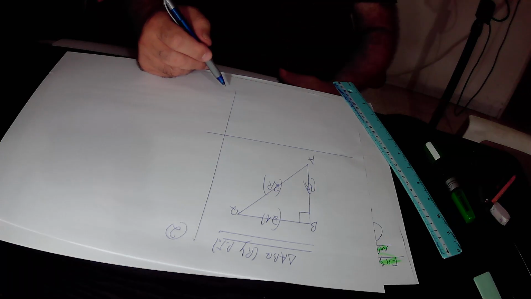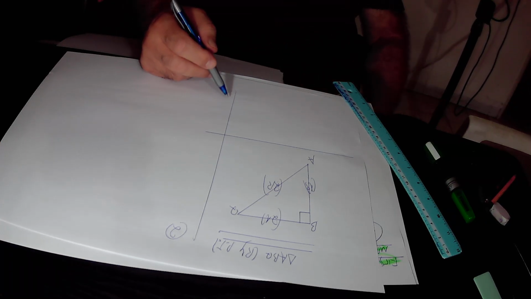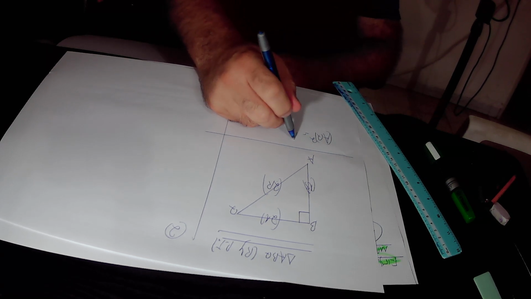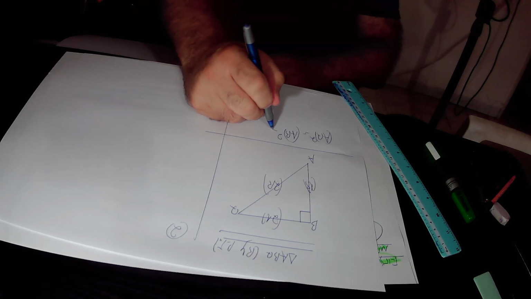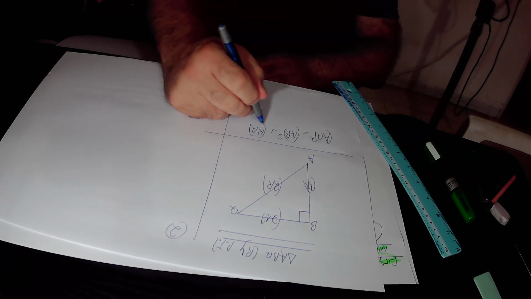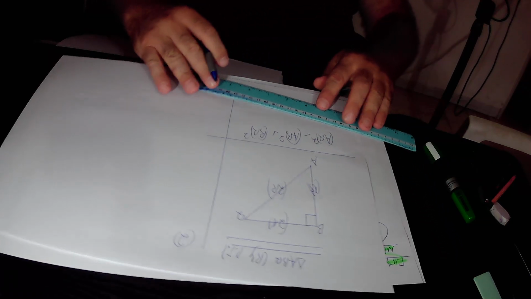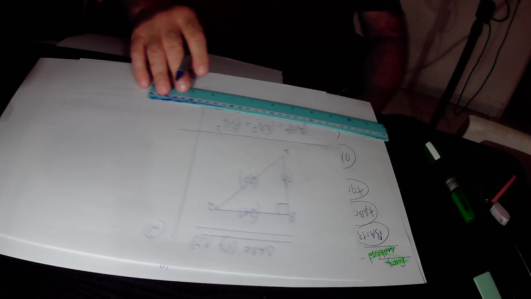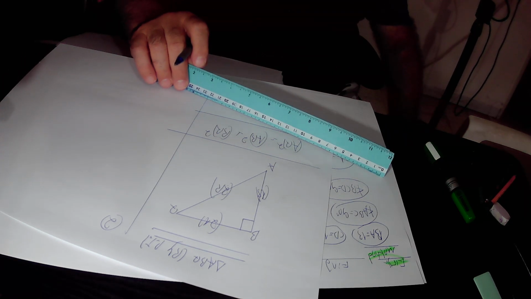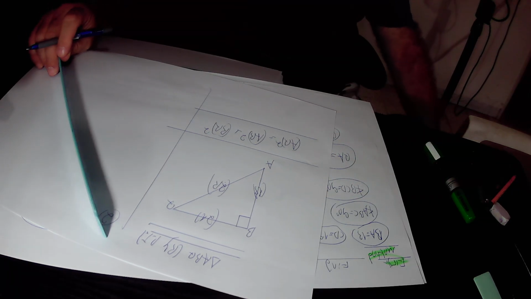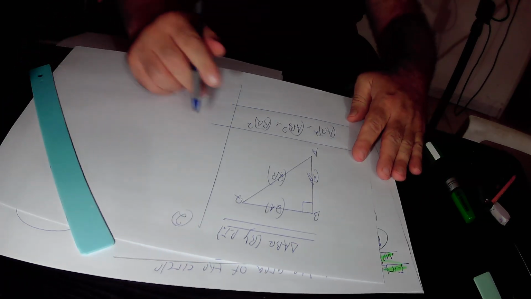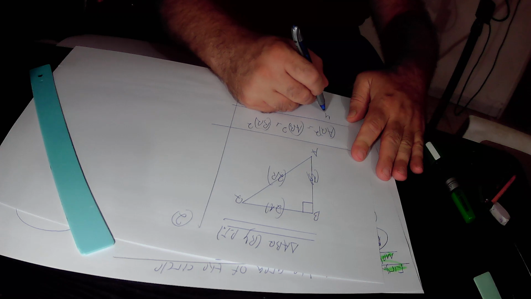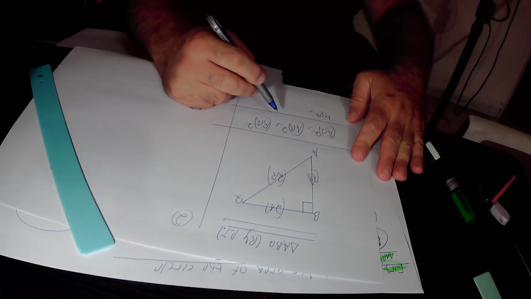So in this right triangle ABQ, AQ squared, that is the square of the hypotenuse, must be equal to AB squared plus BQ squared. AQ equals 2R, therefore AQ squared equals 2R squared, that is 4R squared, and it equals AB squared plus BQ squared.